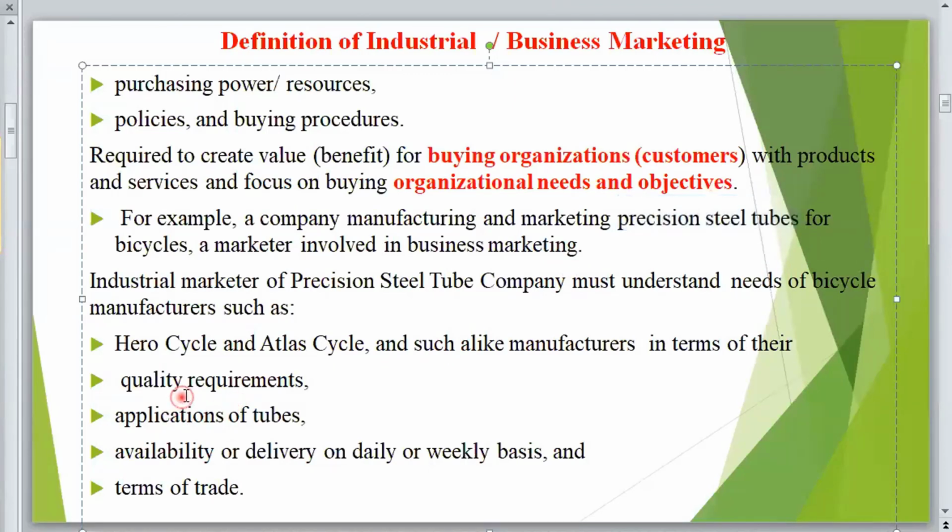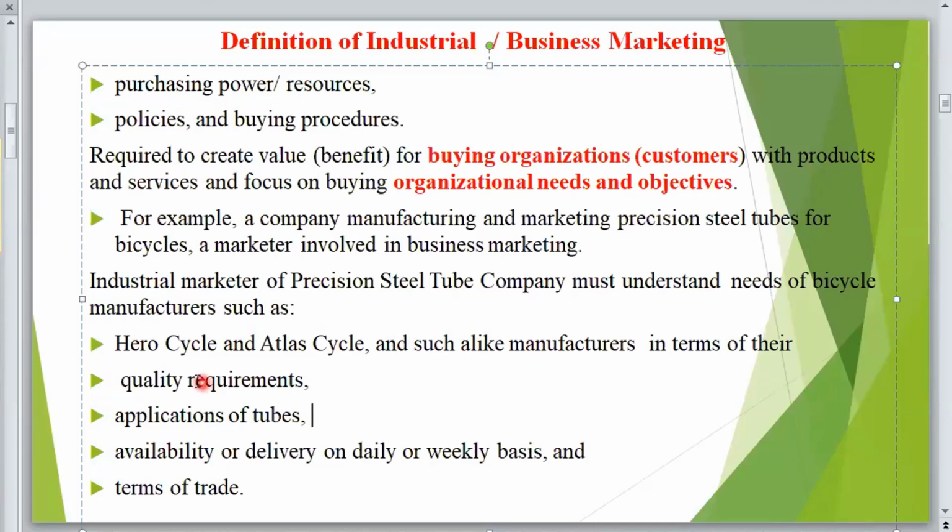As a marketer, first you have to identify the need of the organization and the need of the manufacturer, and the type of quality they require.